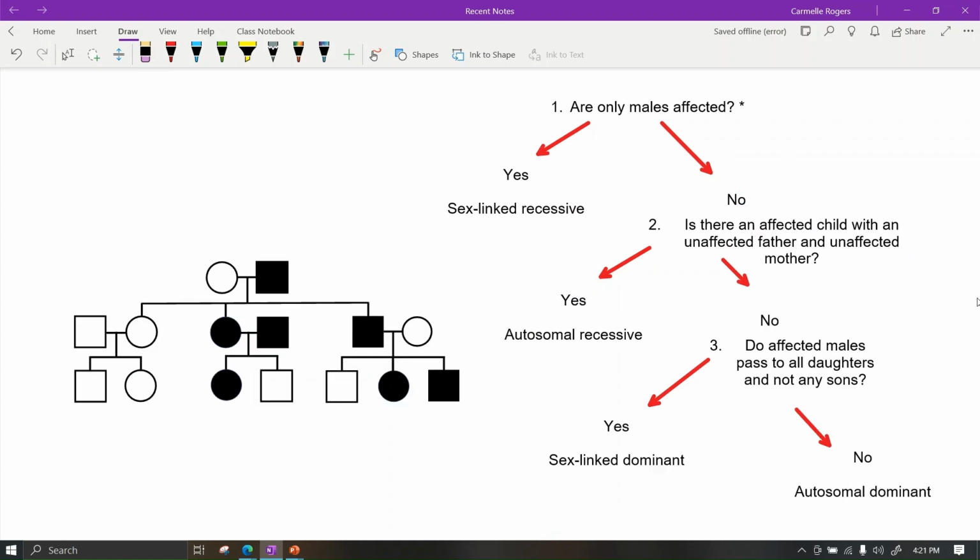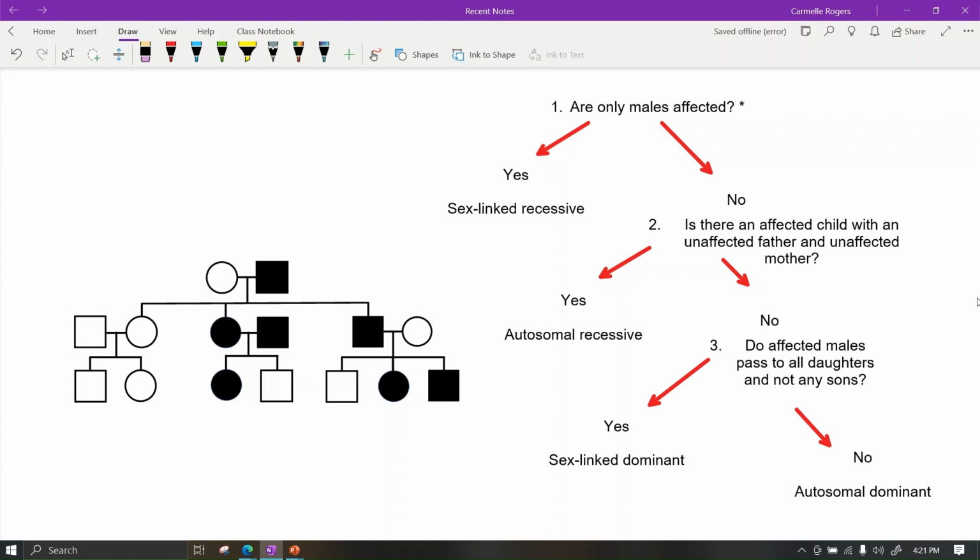I want to give you another tip. And that tip is if you see that the generations have at least one individual with the disorder or the disease, then that's likely to be dominant. For recessive traits, they may skip a generation.